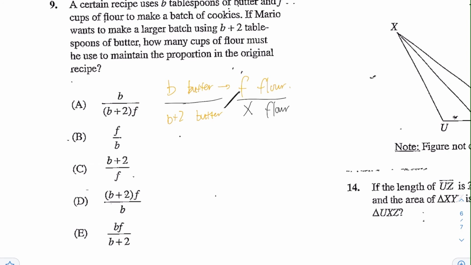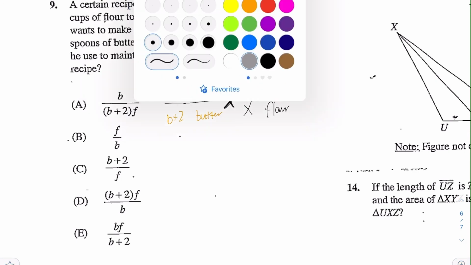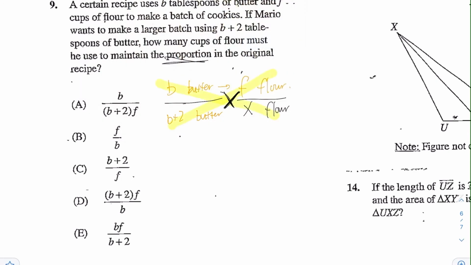So you set up a proportion here, because the keyword is proportion. So you want to cross multiply, and you want to solve for X. So you have on the left side BX, on the right side F times B plus 2.